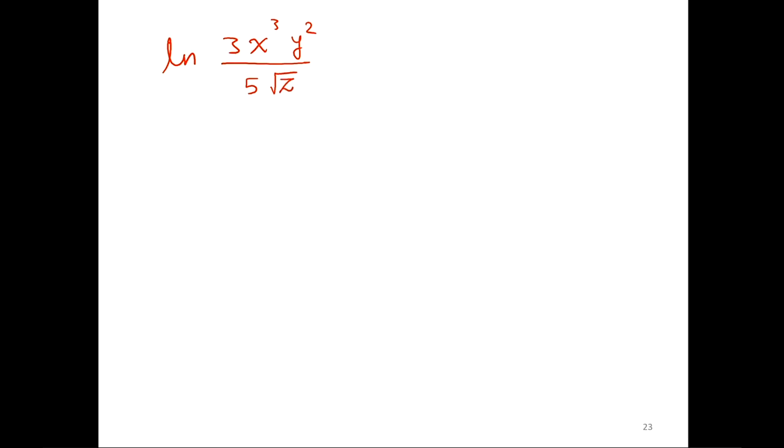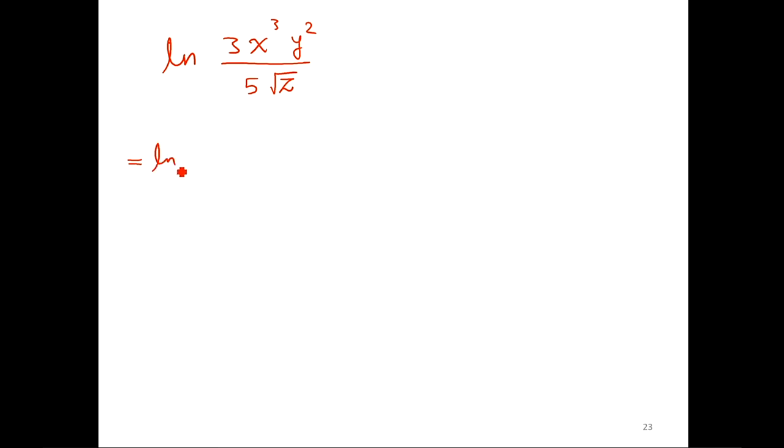If we have a fraction with multiplication in the numerator and multiplication in the denominator, we can directly distribute the ln in the numerator and denominator. If we distribute in the numerator, put ln plus ln plus ln. When we distribute the ln in the denominator, put minus ln minus ln minus ln.